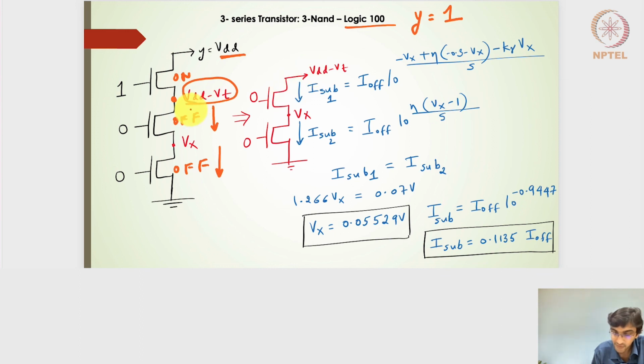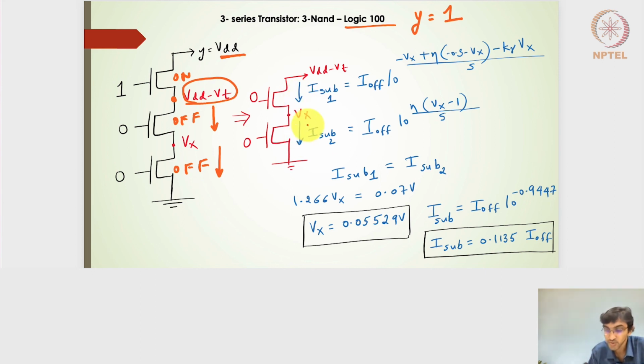And I can actually make these three transistors into two off transistors, where one side it is VDD minus VT, on the other side it is grounded, and both the off transistors are in series. So the subthreshold leakage current of this transistor and this transistor should be the same.